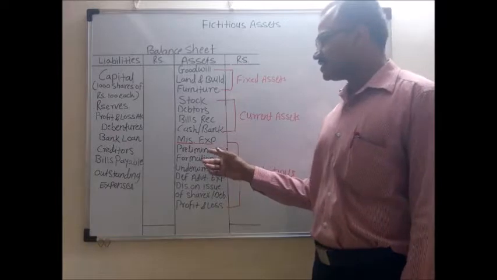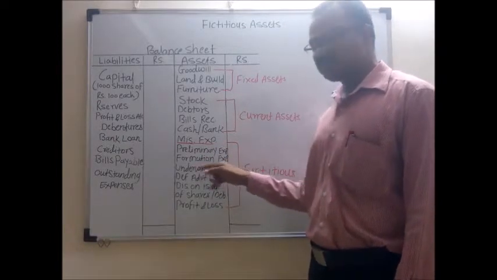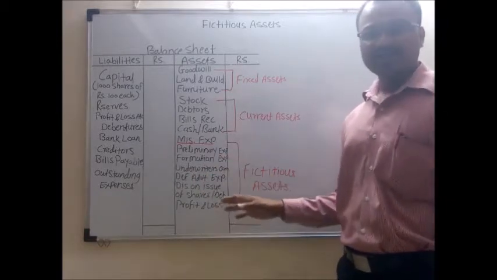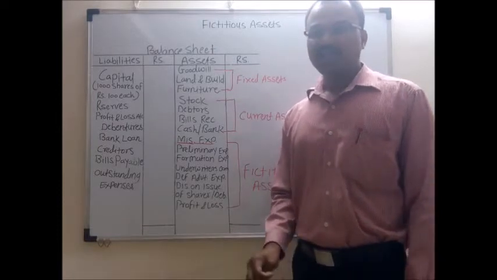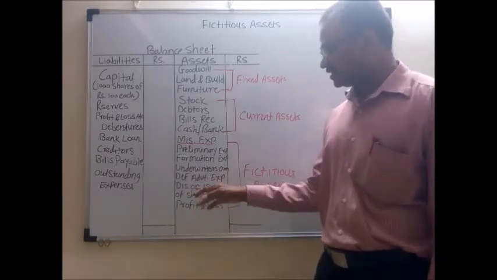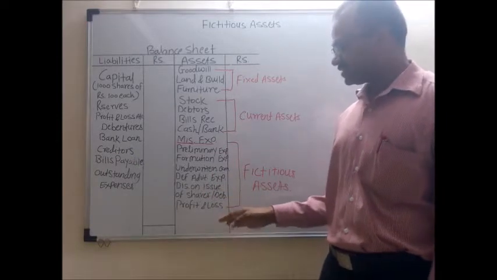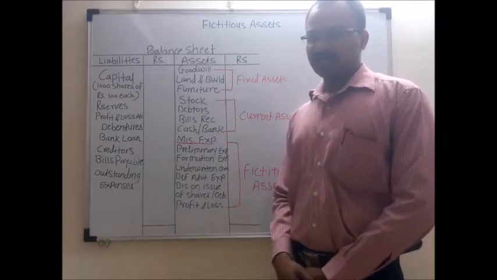Examples of fictitious assets are preliminary expenses, formation expenses, underwriters' commission, deferred advertisement expenditure or any other expenditure which is deferred revenue expenditure in nature. Then discount on issue of shares and debentures, and the debit balance of profit and loss account.